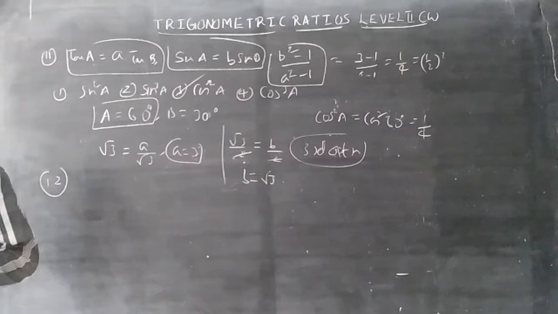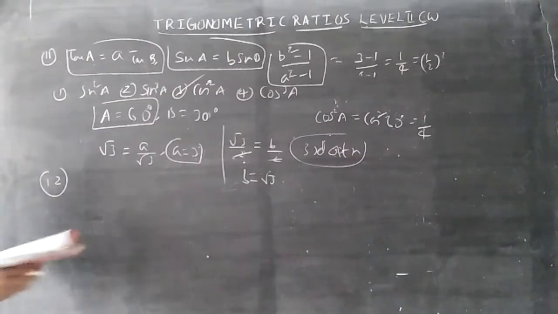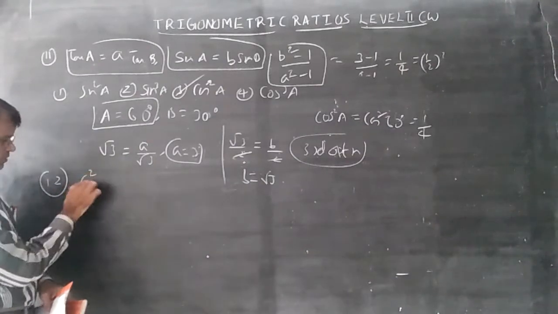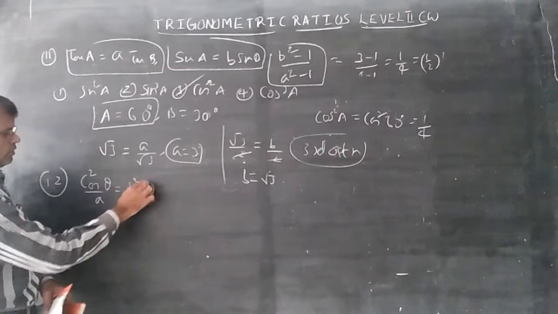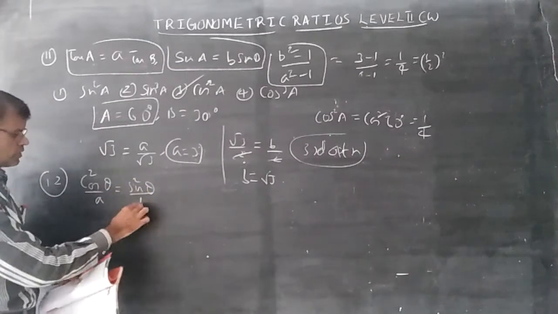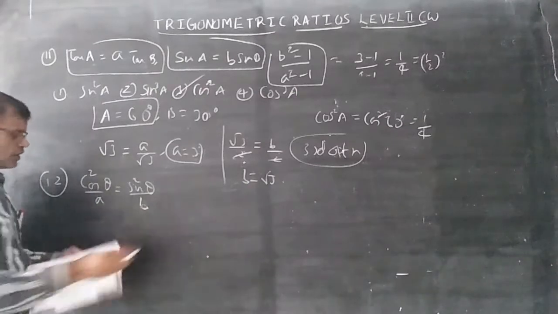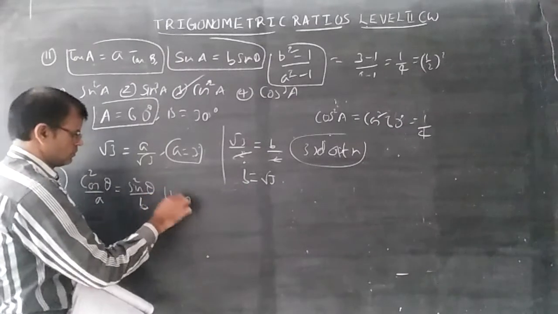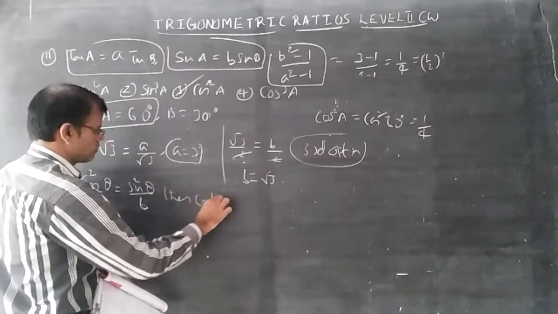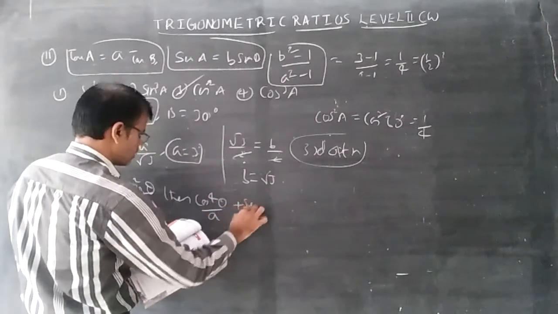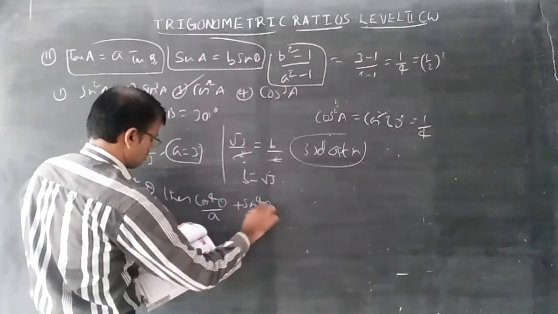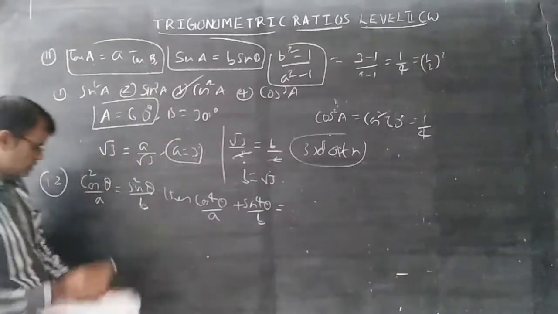Good. Next: cos square theta by a is equal to sin square theta by b. Then cos power 4 theta by a plus sin power 4 theta by b is equal to how much?